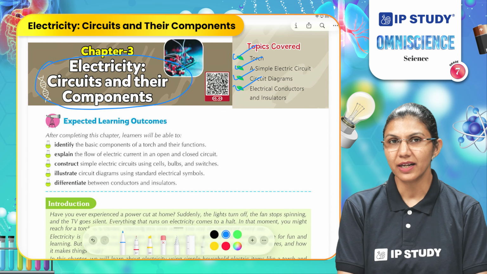So we need to switch on the torch so that we can produce light energy, or it can flash the light energy. What do we do for that? We slide a switch. The switch is a component of the circuit in the torch which completes the circuit so that the electricity can flow through it and produce the light energy.